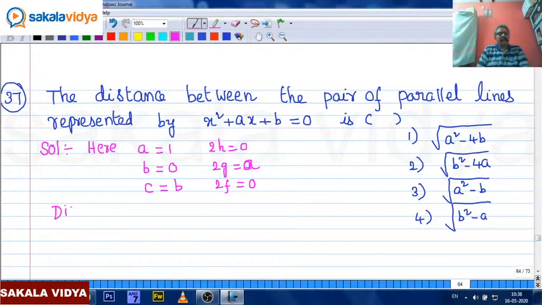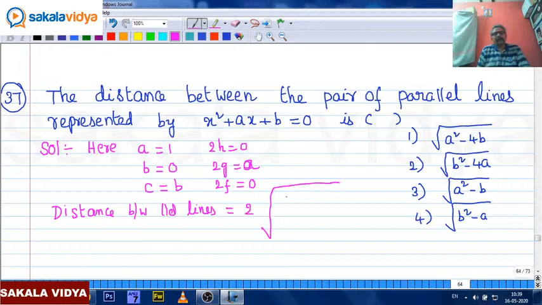Distance between parallel lines is 2 root of g square minus ac by a into a plus b.